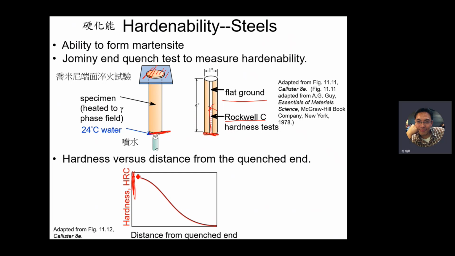At the surface there is the highest hardness, for sure, because you get a quench process at the surface, and the hardness gradually decreases with distance from the quench end.